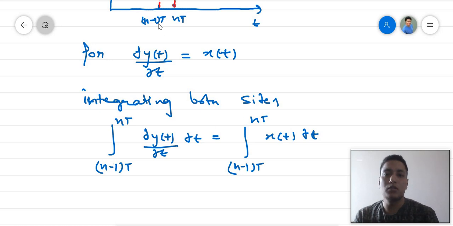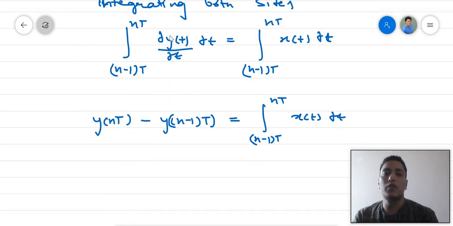Now if we integrate both sides from (n minus 1)T to nT, the integral of dy(t)/dt into dt will be equal to the integral from (n minus 1)T to nT of x(t) dt. So we can solve the left side as y(nT) minus y((n minus 1)T), which will be equal to the integral from (n minus 1)T to nT of x(t) dt.